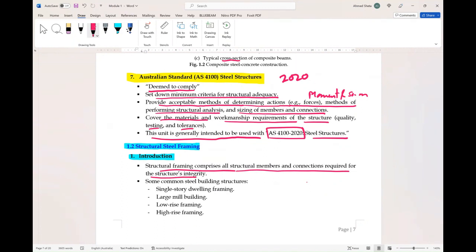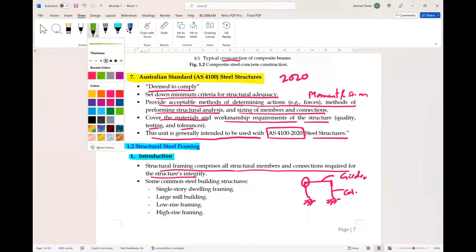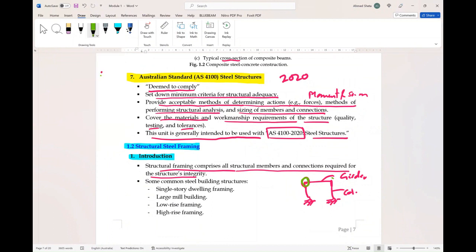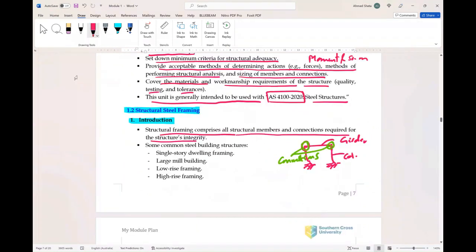As you know, to make a complete structure, we need members, column, girder or beam, and connections. The connection is this one and this one. So all of this is the structural framing, including the members and the connections.